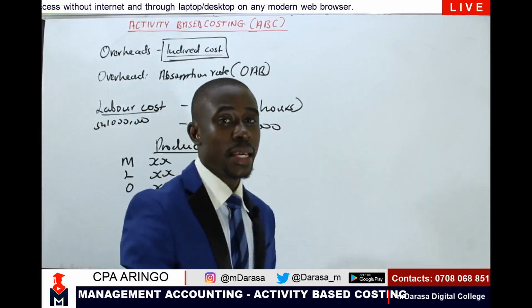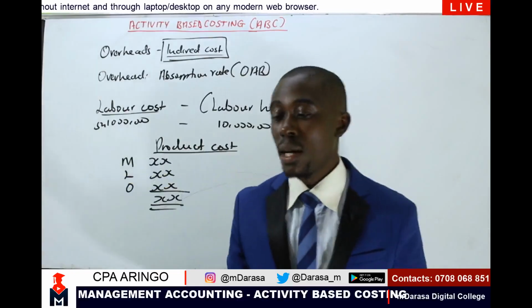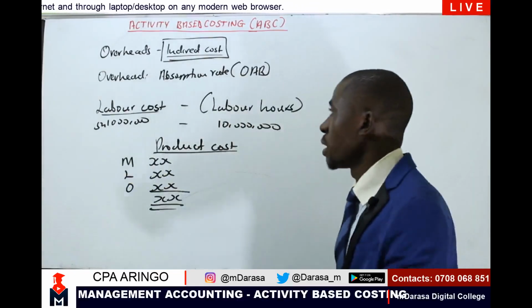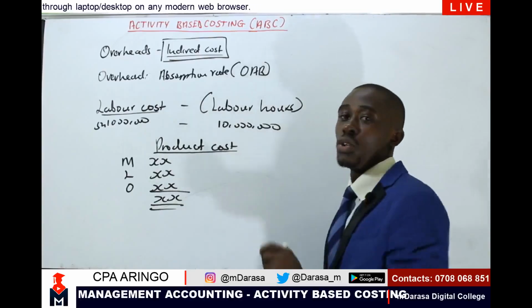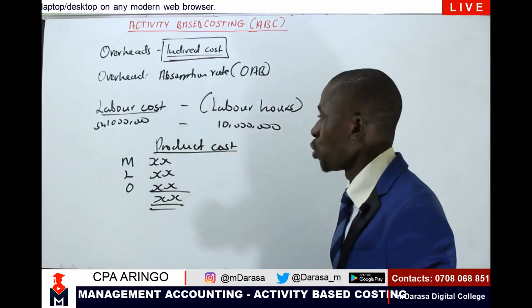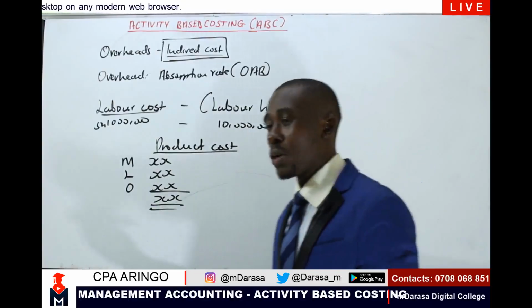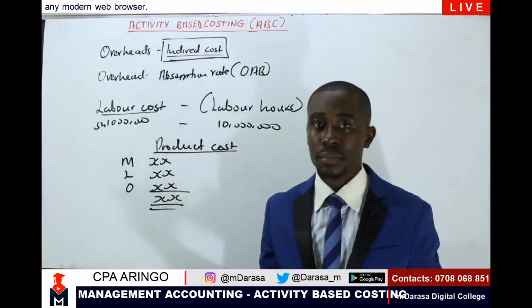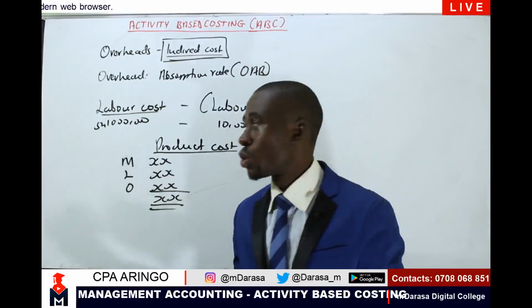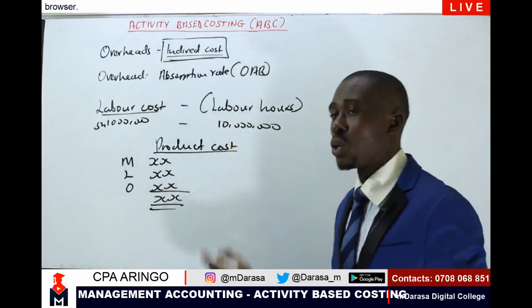So, linking activity-based costing with what we did earlier in relation to traditional costing, this is where ABC will come in. For traditional costing, we use such bases of allocation.